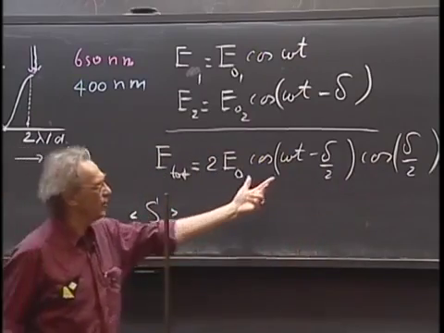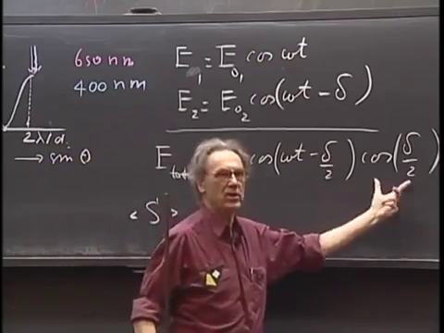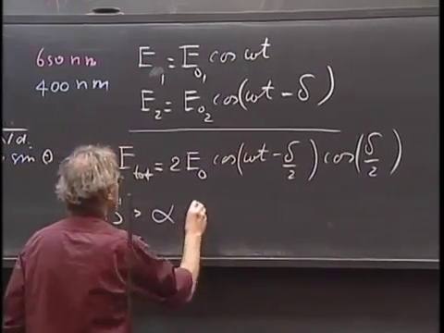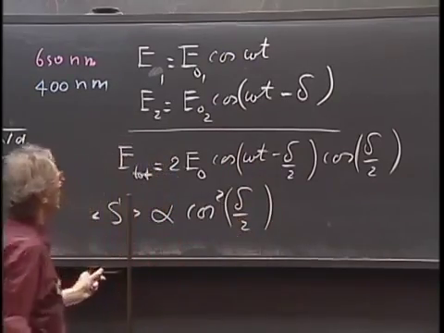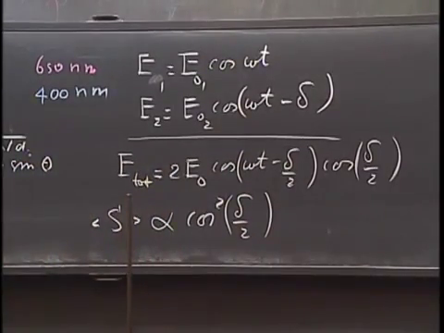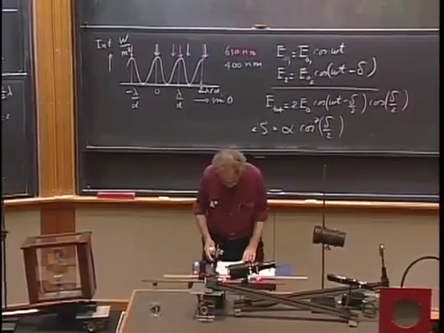But the average of the square of the oscillating term is 1/2, so forget that for now. And so it is going to be proportional to the square of cosine delta over 2. Delta is linearly proportional to sine theta, and this curve that you see is a cosine square curve.